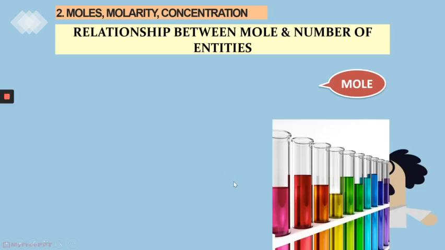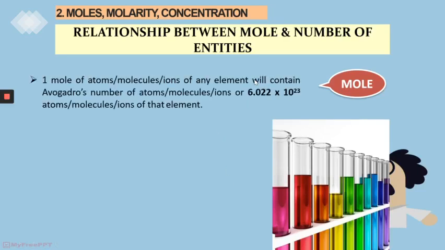So the unit for molar mass is gram per mole. Look at the relationship between mole and number of entities. 1 mole of atoms, molecules or ion of any element will contain Avogadro's number of atoms, molecule or ion, or 6.022 times 10 power of 23 atoms, molecule, ion of that element. So what does it mean 1 mole for the atoms?